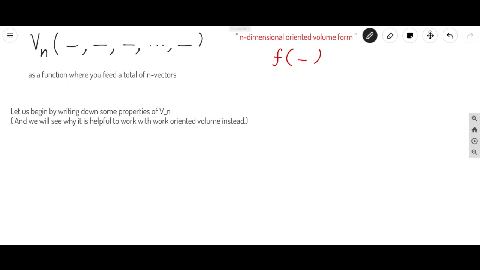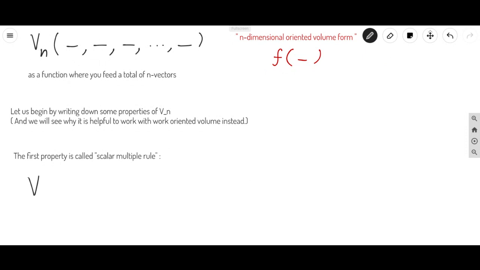So the first property, maybe we call it the scalar multiple rule. And by the title of it, here's what it says.